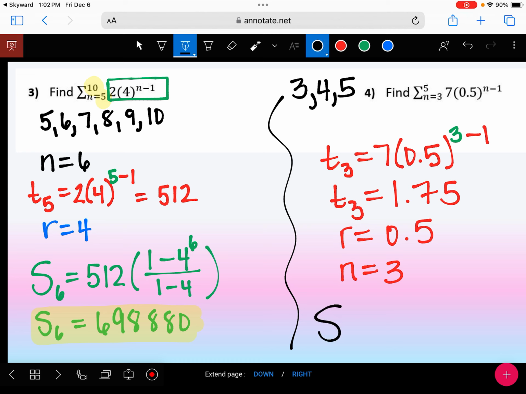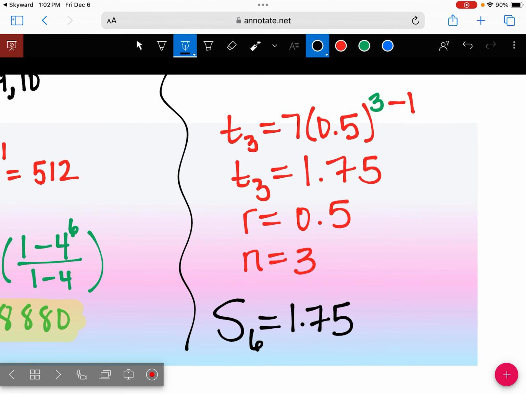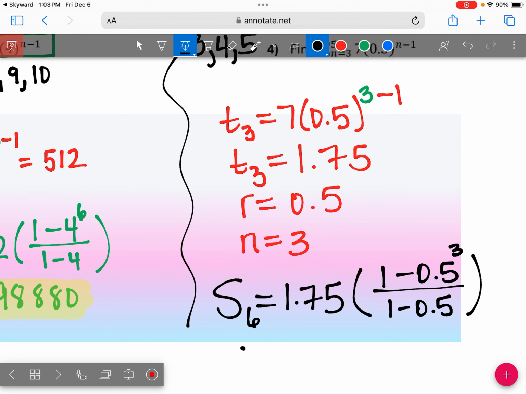Using your calculator, we got our T1 or T3 in this example, and we're multiplying that by 1 minus r to the power of 3 over 1 minus r. Go ahead, type that in, and that would be your sum.